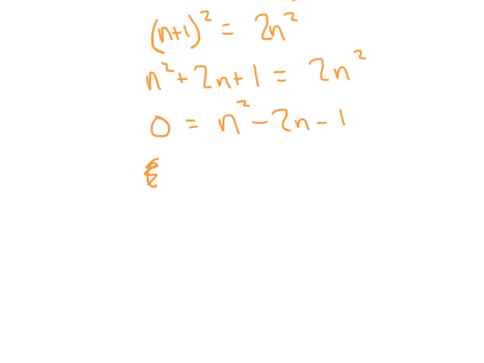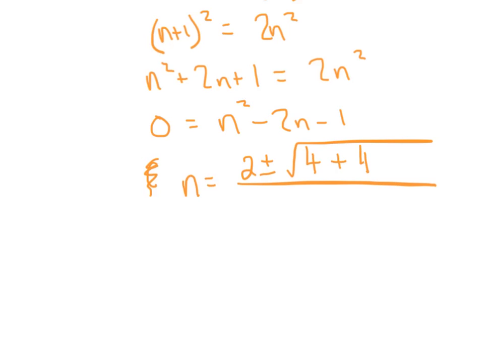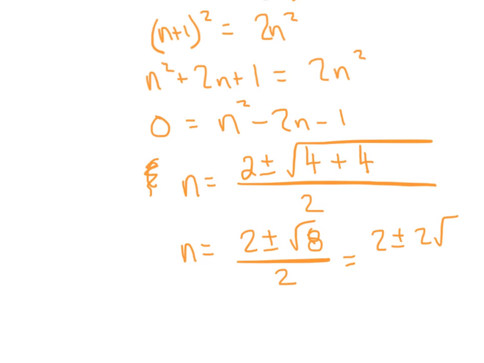It doesn't factor, so the quadratic formula says that n should equal negative b plus or minus the square root of b squared minus 4ac all over 2 times a. N's really 2 plus or minus radical 8 over 2. And at this moment, you're probably wondering, am I doing this right? I don't normally do this kind of work on a calculus problem, but sure enough, this is the best way to do it.